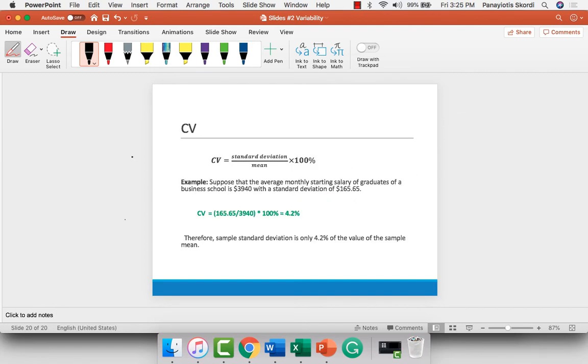What the coefficient of variation does, it actually takes the standard deviation and gives you a value relative to the average price.